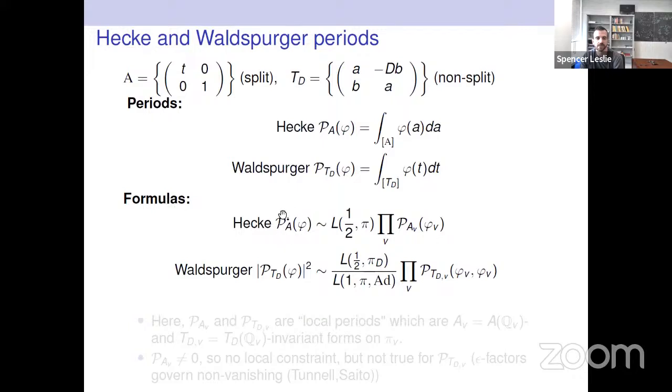The Hecke period says that the automorphic period over A is this special value of this standard L function times a product of local contributions.